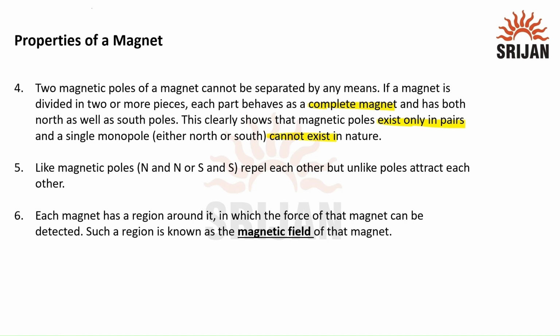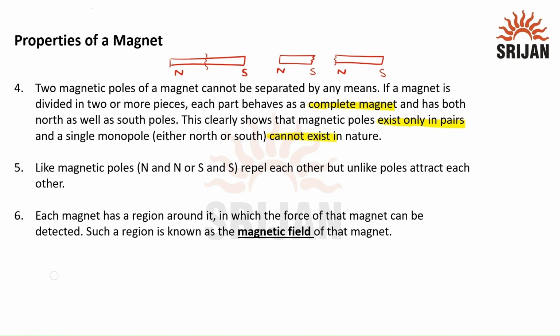So if I have a bar magnet, there is a north pole and there is a south pole. If I break it into two pieces like this, both the two pieces behave as a complete magnet. Each magnet has its north pole as well as south pole. The second piece will also have its north pole as well as the south pole. And therefore, a single monopole cannot exist in nature.